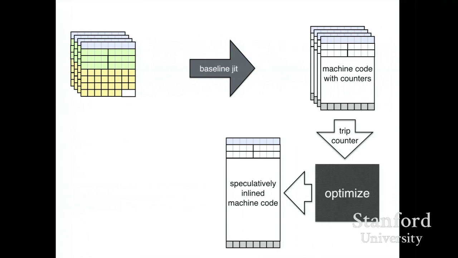But the problem is that the code is still dynamic, and we could still introduce new types into the program. So we put guards in the machine code at the start of each basic block, which make assumptions as to the types that it's inlined, and those guards must verify that the classes are as expected.